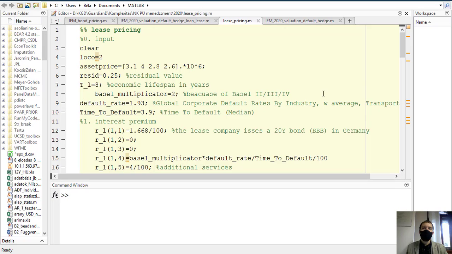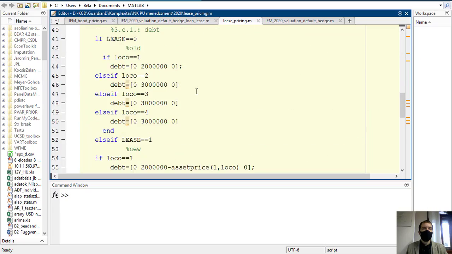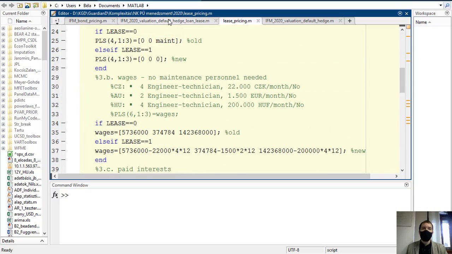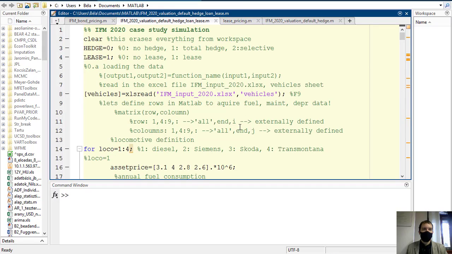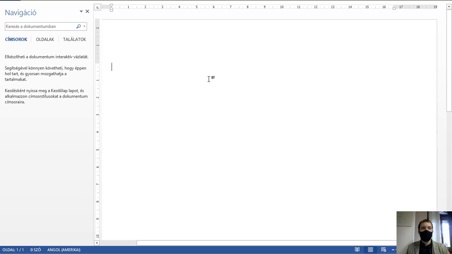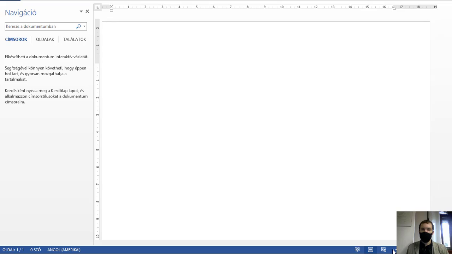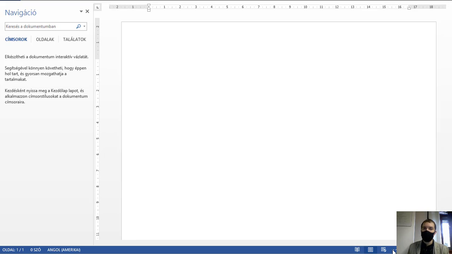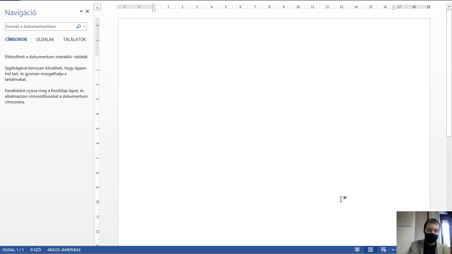Okay guys, so after we made the lease pricing script and then decided how to integrate it into the main corporate simulation, now it's time to write our report. So let's see how we can evaluate the choice of using lease contracts.